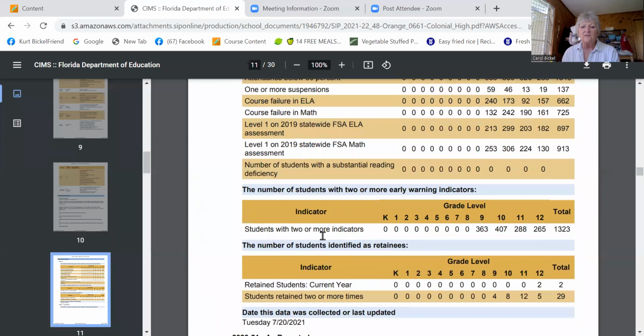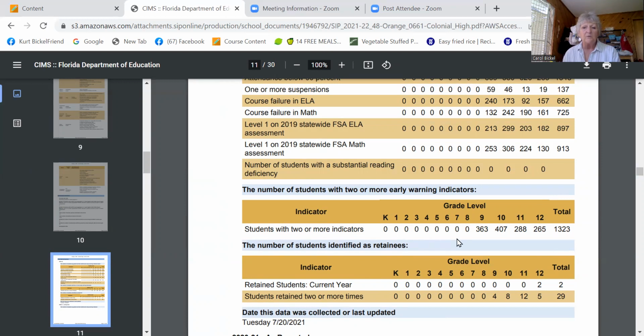So then you can see there's lots of different indicators. Here we have students with 2 or more indicators, like they have poor attendance, they have poor grades, they've been retained more than once, those kinds of things.